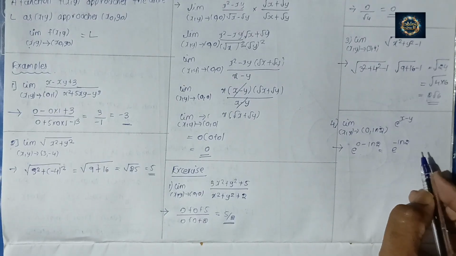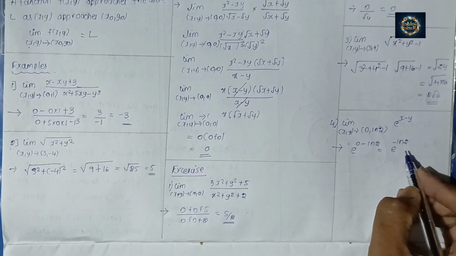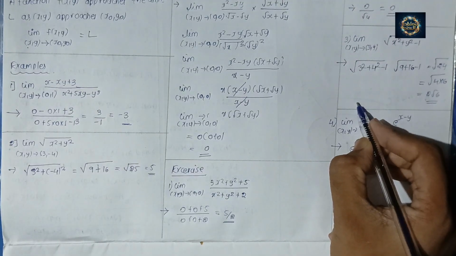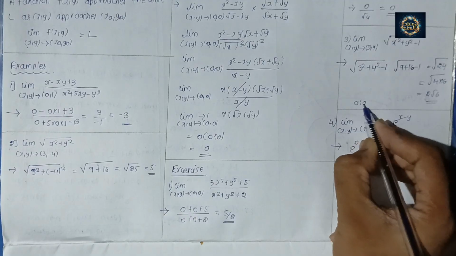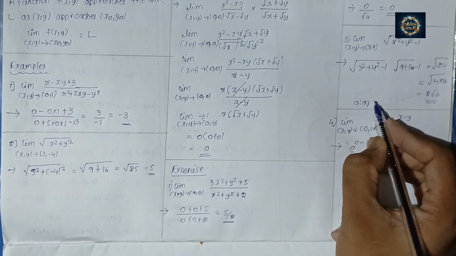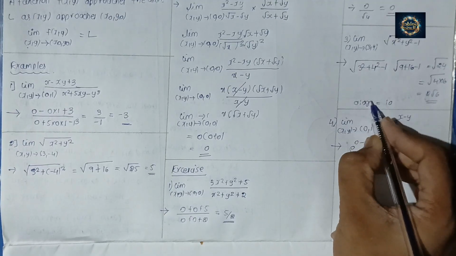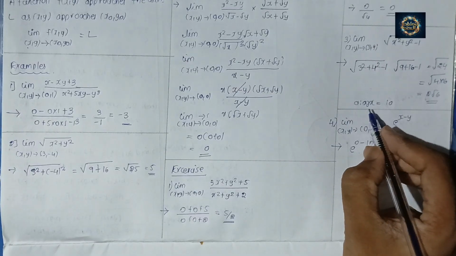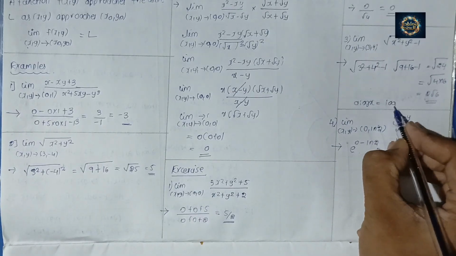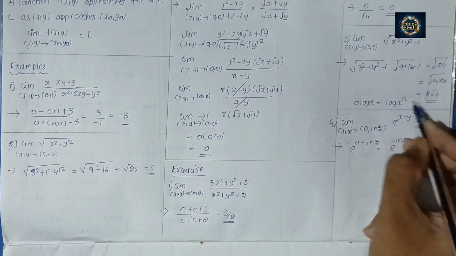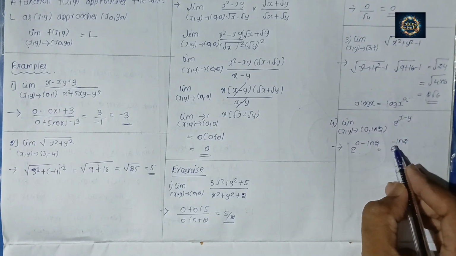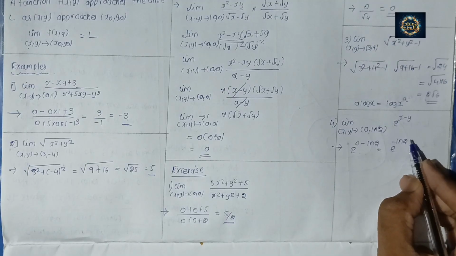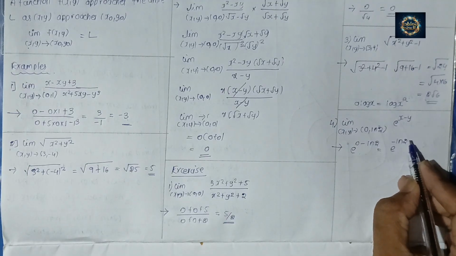Here I can apply the log property, that a log x can be written as log x to the power a. Here instead of a there is minus 1, so I can shift it and write it in terms of a power of 2.